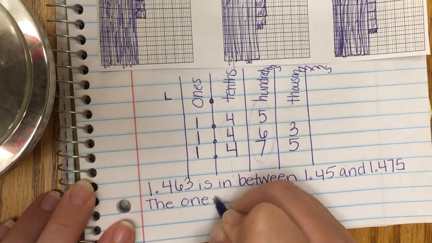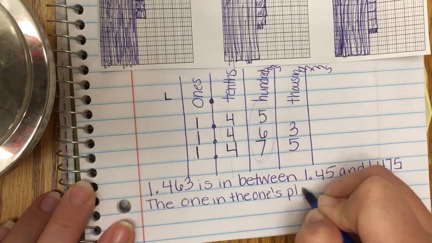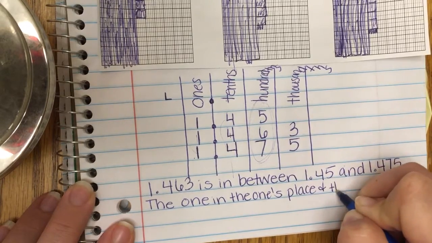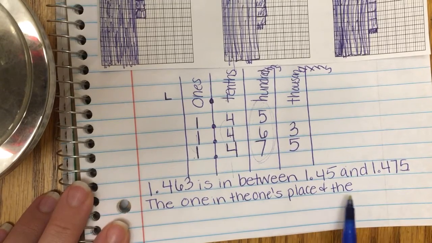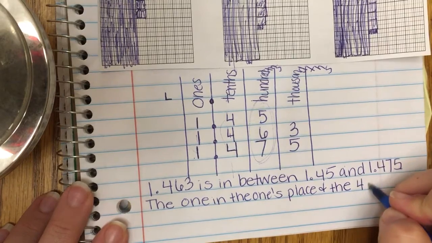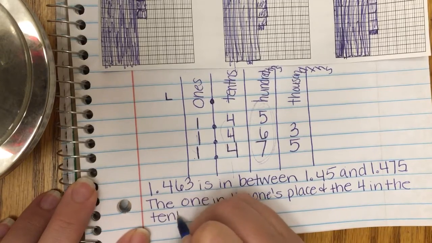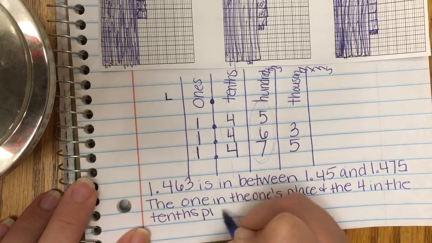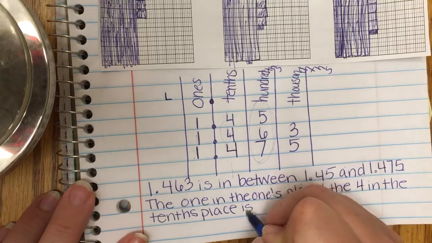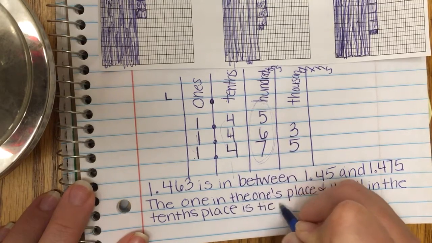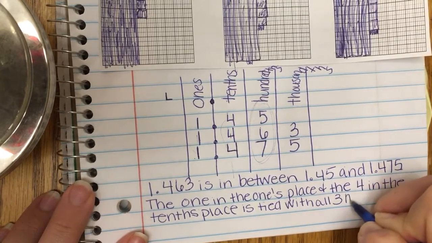The 1 in the ones place and the 4 in the tenths place is tied with all three numbers.